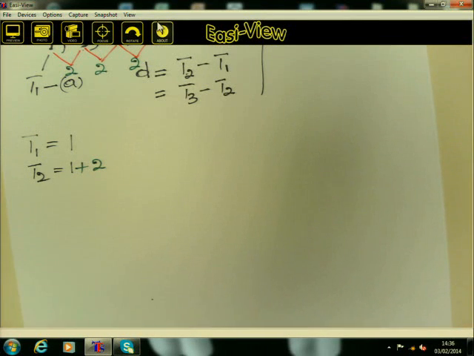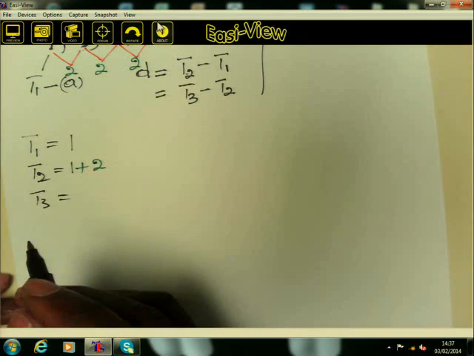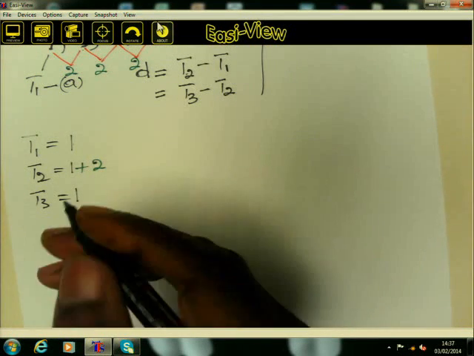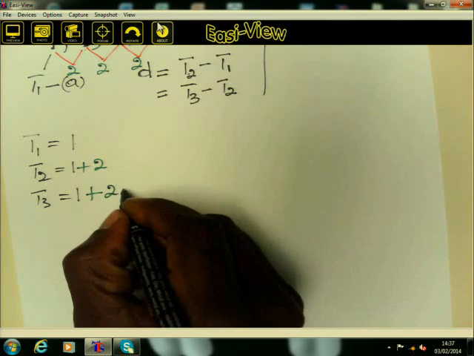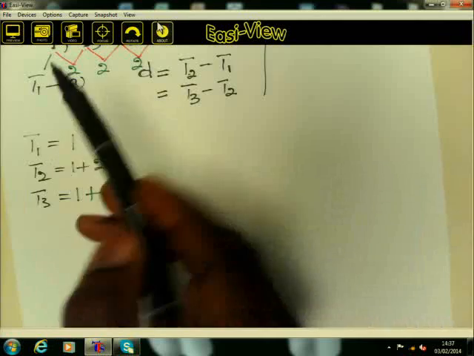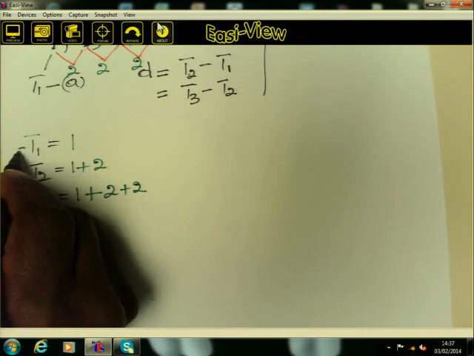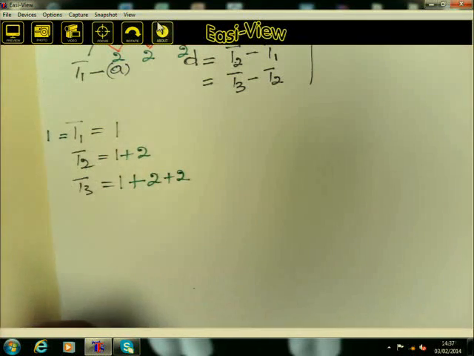And then to get term 3, it will be 1, which is our first term, to which we add the difference and then another difference. So it means we are going to get a 5. If we can put them here so that they are not far from us, say this one is 1 as the first term.